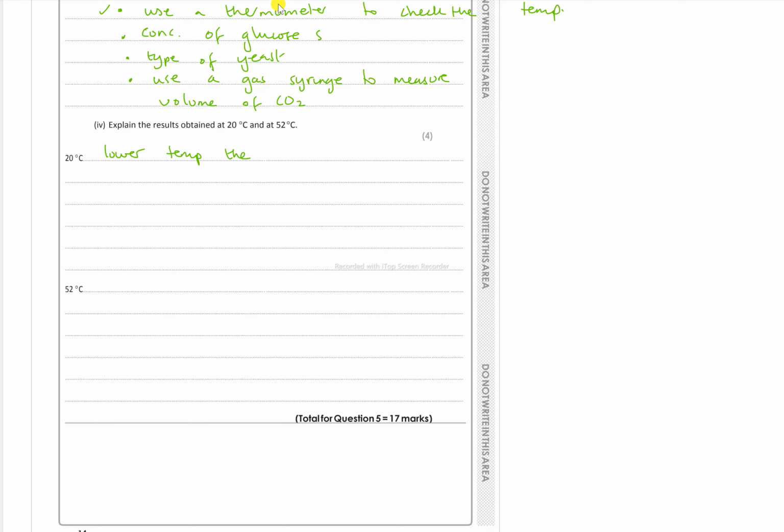The kinetic energy is low, so the particles move slower, so there's less successful collisions per unit time, i.e. it is below optimum temperature.